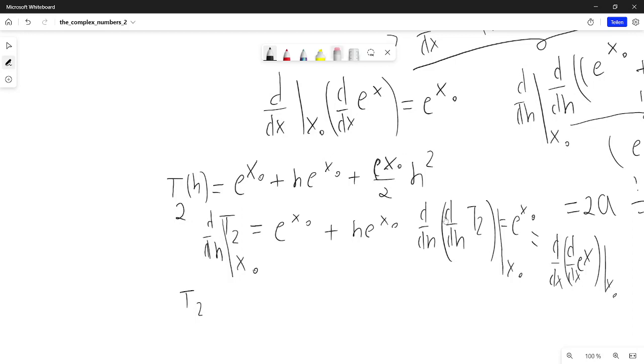And at x0, that would be just f'(x0), and here it didn't matter, but we took the derivative because h was eliminated, so we just get our f'(x0), right?